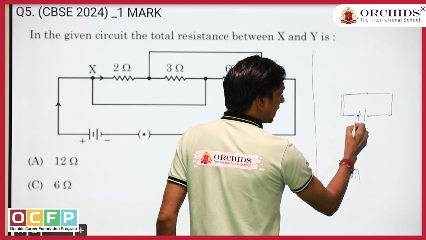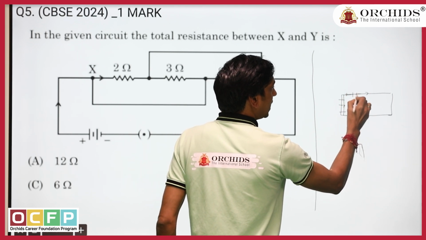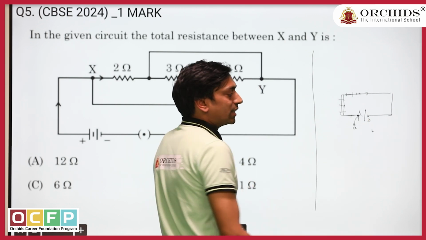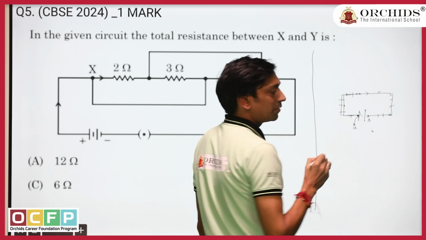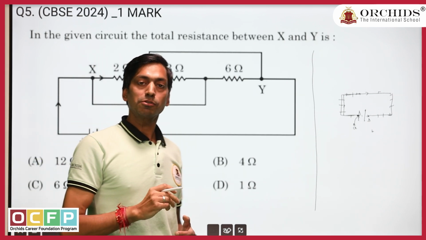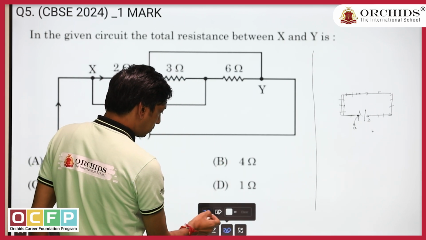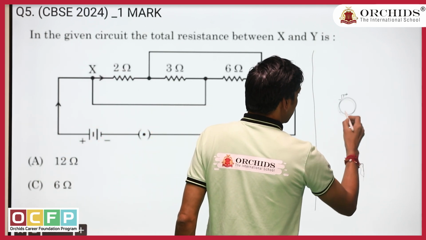If this end potential is A, then at every point the potential will be A only. And if the negative terminal is at B potential, then the potential at every point connected to this negative terminal will be B only. Means potential will remain the same because the resistance of the wire is very low. So there will be no loss of potential across the wires. That concept we have to use in this question.